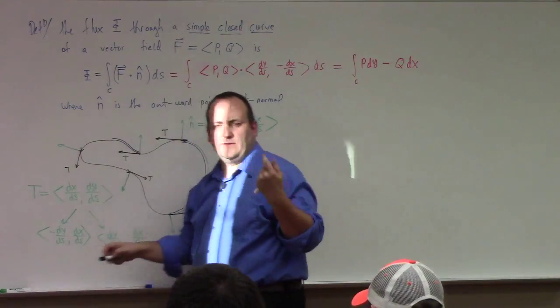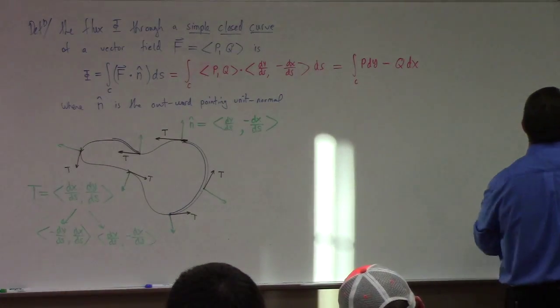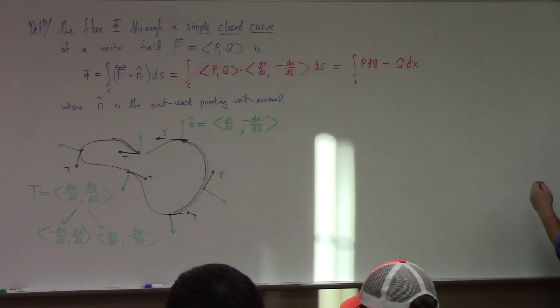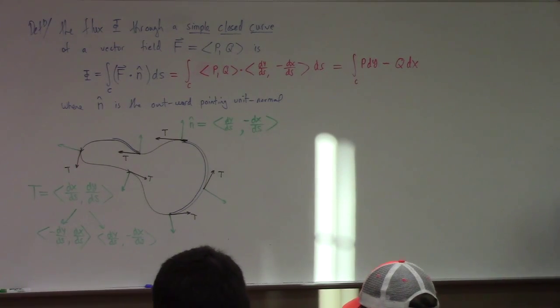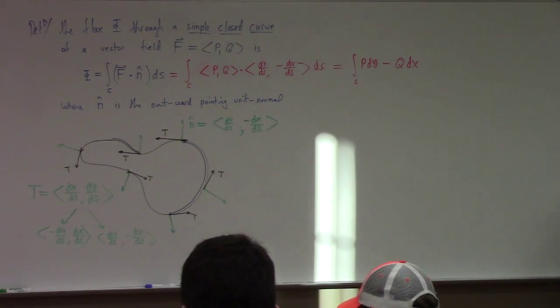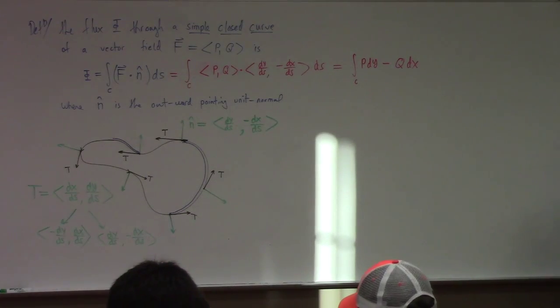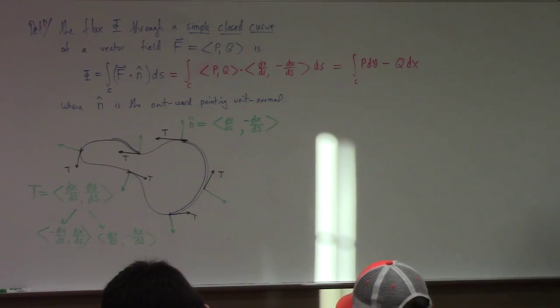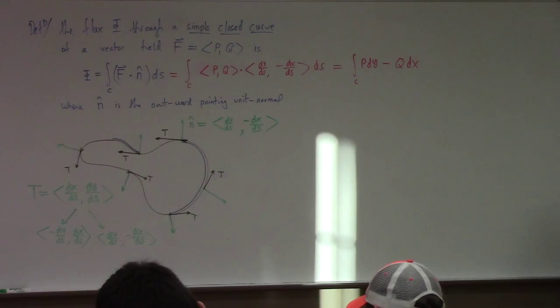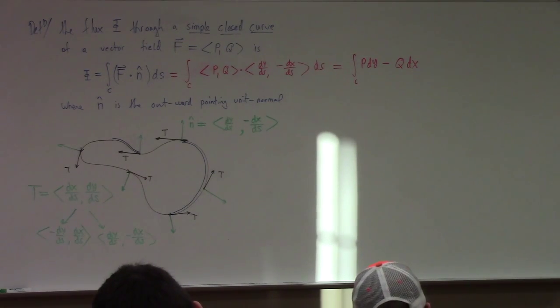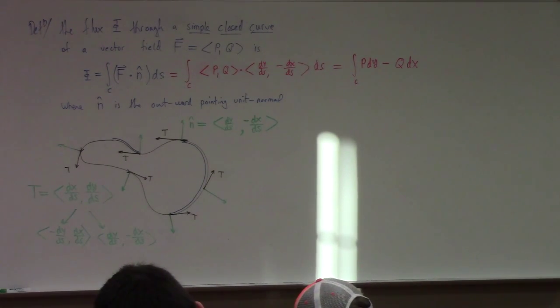Let's do an example before I get too carried away here. Let's look at the vector field F(x,y) equal to (x,y), and let C equal the unit circle. I expect that the flux of this should be non-zero, right?